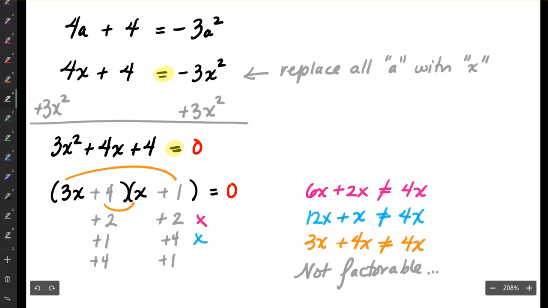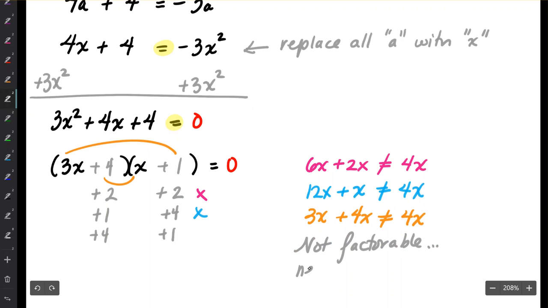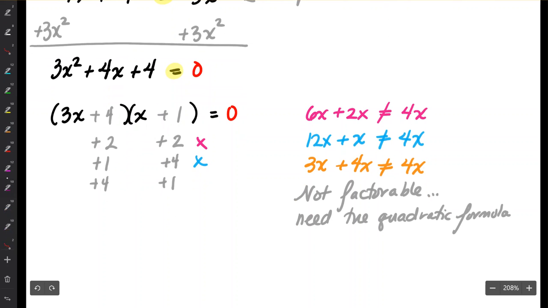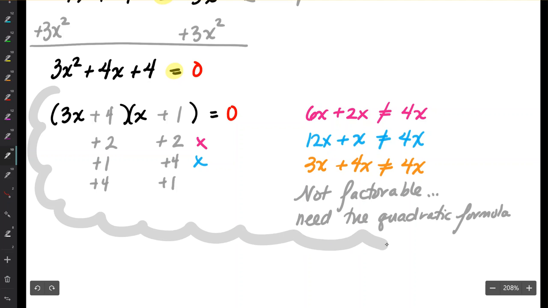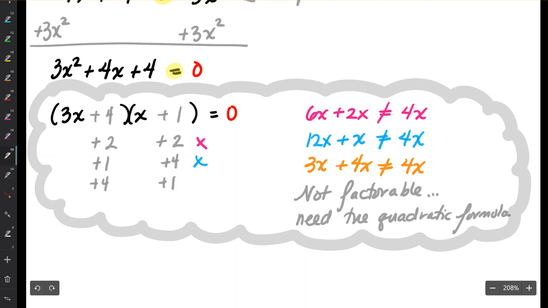In other words, we need the quadratic formula. All right. So this was just a little bit of an anecdote. It's good to try. And those of you that just aren't the biggest fan of factoring probably will like the quadratic formula because it's always going to work.